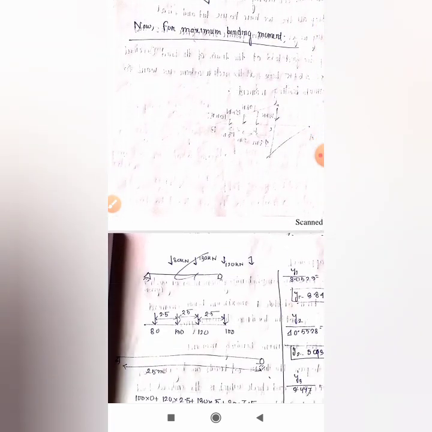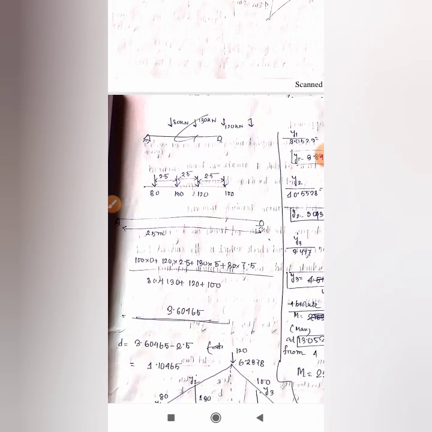Now the question arises, how will we find maximum bending moment or maximum absolute bending moment? Now guys, I tell you one thing: in such questions, where a train of loads, several concentrated loads, are given, most students get confused about how to find the maximum bending moment or maximum absolute bending moment.